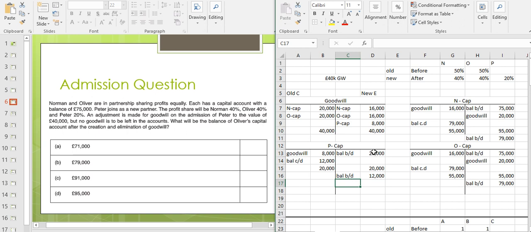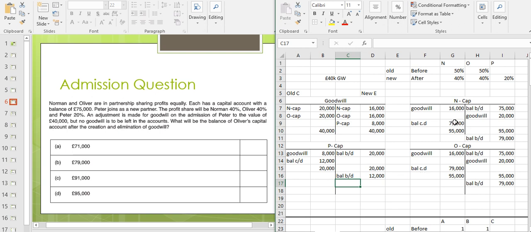How much money did he bring in? He brought £20,000 to the table. How much does he have now? After joining, he's got 12. The reason why he has 12 is because he's given up 8. He's given up 8 to these two. That is the principle of admission. Okay, someone joins, they pay.